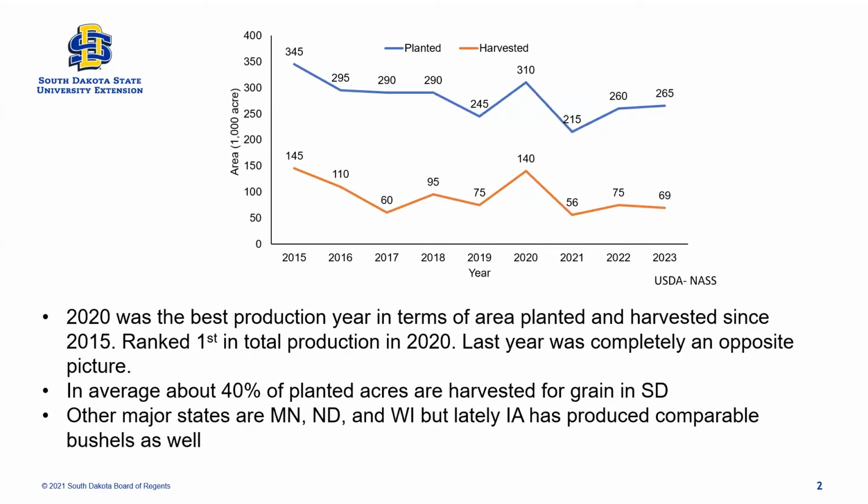Other major states have been Minnesota, North Dakota, and Wisconsin, a lot of cooler regions in the country. But Iowa has produced comparable bushels in the last few years, so it's growing in Iowa as well. And the data I used to plot this graph is taken from the USDA NASS survey.